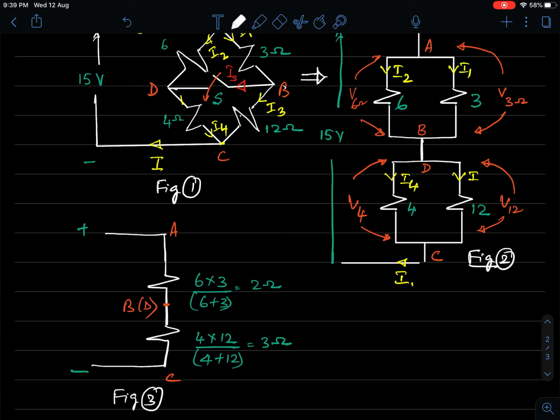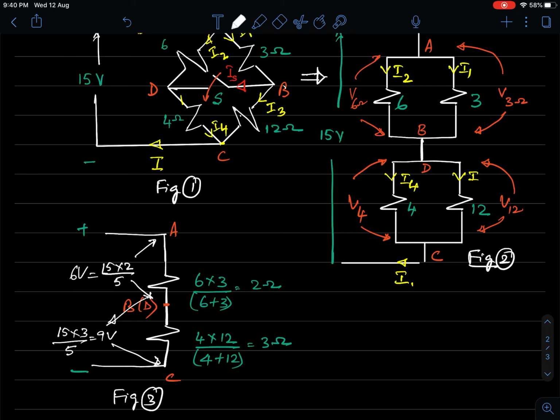This is equal to 15 into 2 divided by 5. This is 6 volt. Similarly, the potential difference between this point B and C can be computed as 15 into 3 divided by 5. This is 9 volt.